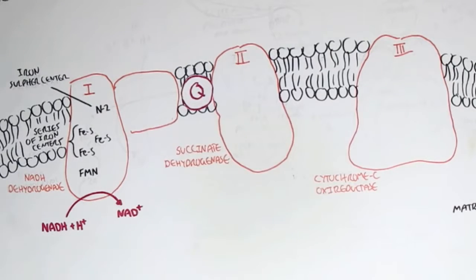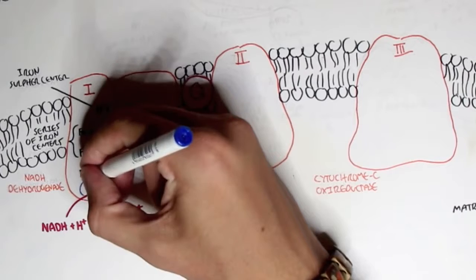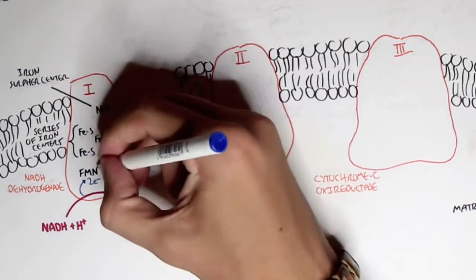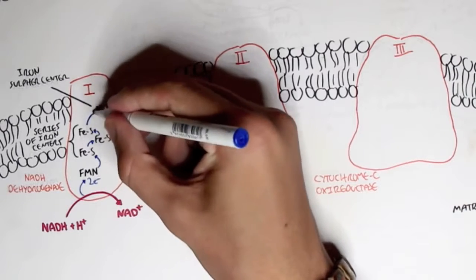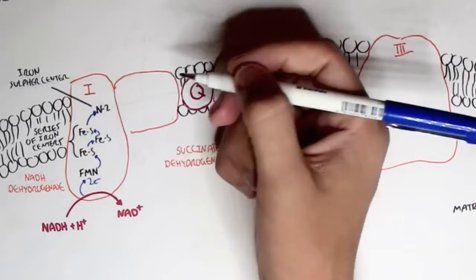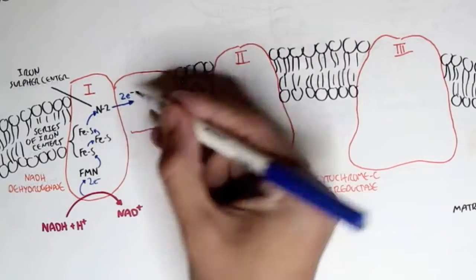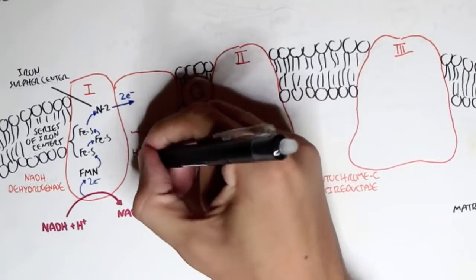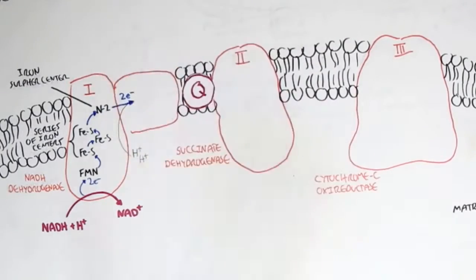The two electrons will first be given to flavin mononucleotide, FMN, and then pass through a series of iron centers, where they will stop at the iron-sulfur center. Next, the two electrons will create a proton gradient. It will bring in two hydrogen ions from the matrix, which will then bind to ubiquinone.